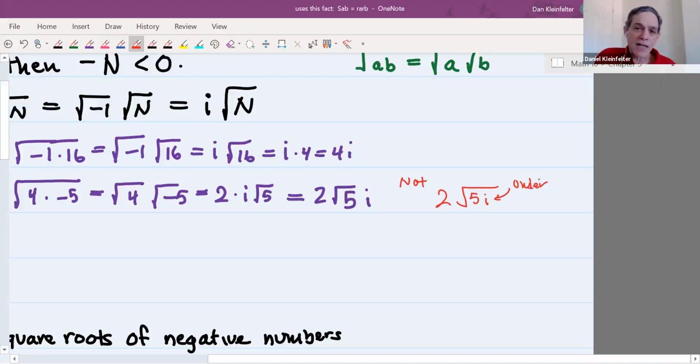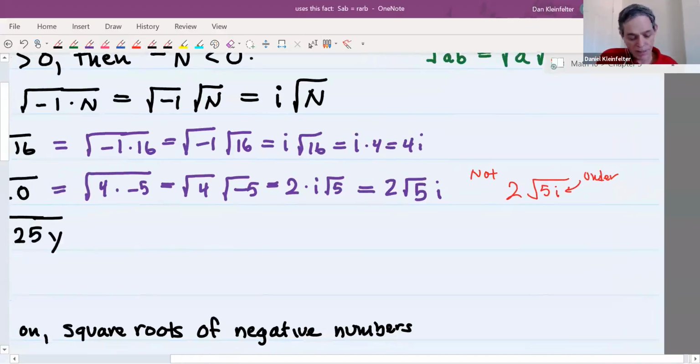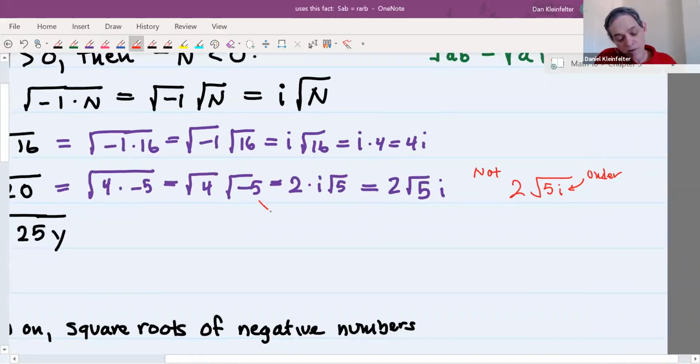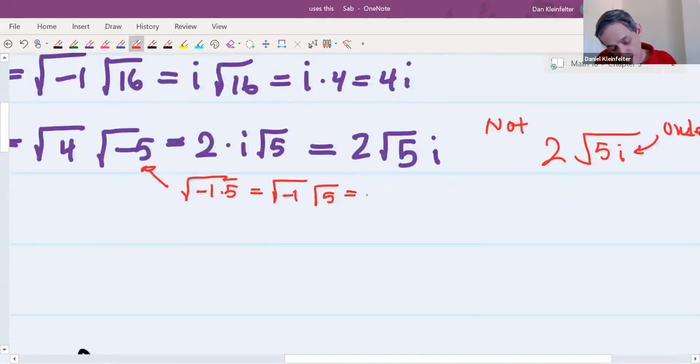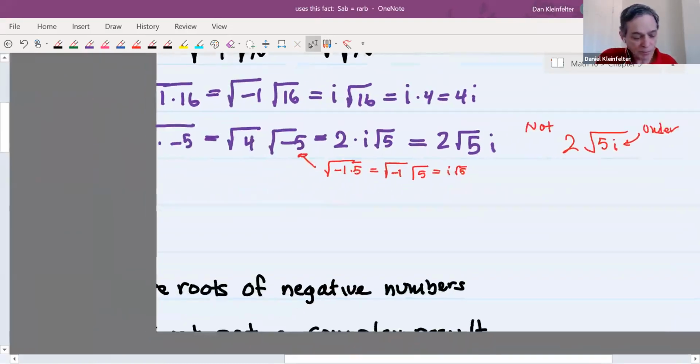The I is outside of the square root sign, okay? And then here, the square root of -5, how we got that into I root 5, that is the same as -1 times 5 underneath that root sign. And then again, we've turned that into the square root of -1 square root 5. And so that's where our I root 5 came from, okay?